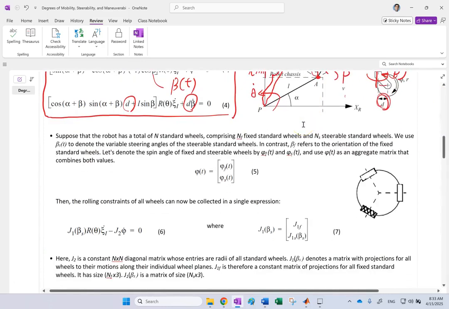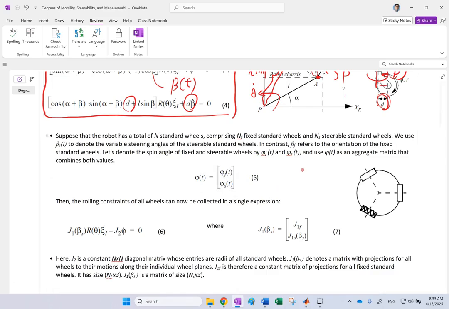Now, let's say we want to come up with a formula for these different degrees of mobility, steerability, and so on. So how do we formulate it? Let's say your robot has a total of n standard wheels, where nf of them are fixed and ns of them are steerable.